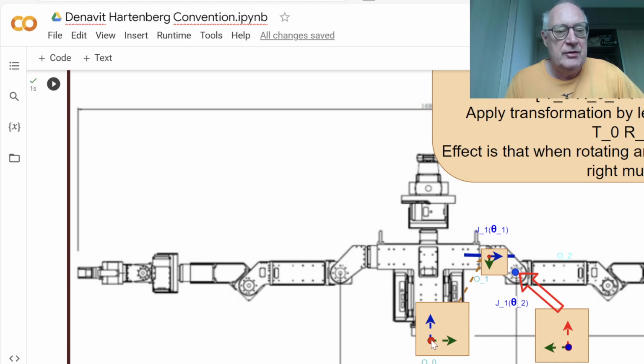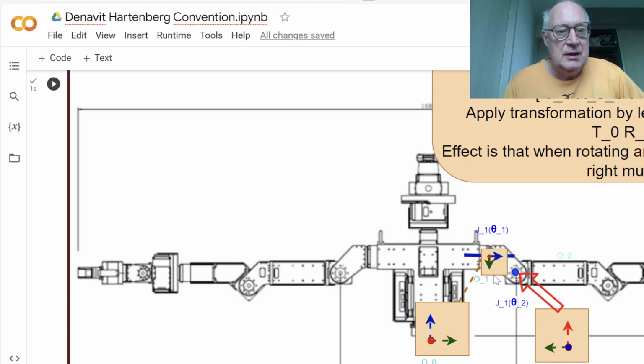And last time we said for humanoid robots, a common convention is that Z goes upwards, so the blue line goes up, X goes forwards, which then, in order to make this a right-handed coordinate system, we have to have the Y coordinate point to the left, right? Otherwise it's not a right-handed coordinate system.